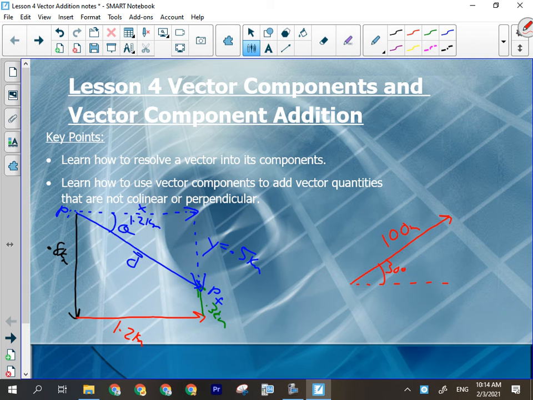Those are my two components: the horizontal or over component, and the vertical or up component. So y and x. Can I figure out what y and x are if I know the hypotenuse and the angle? I sure can. I just have to use this.